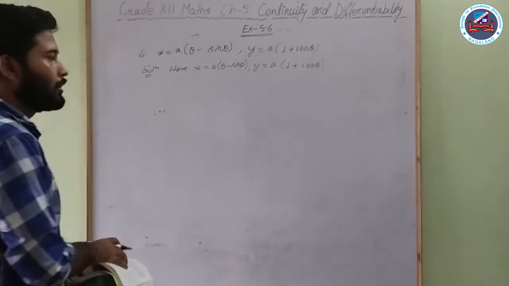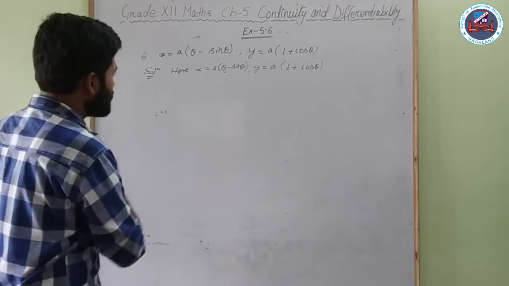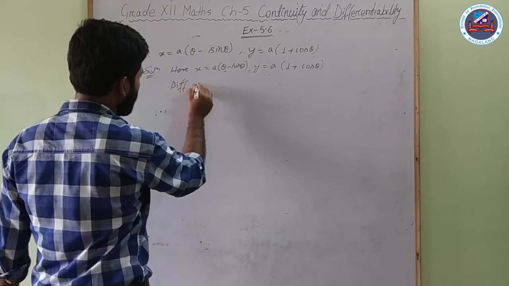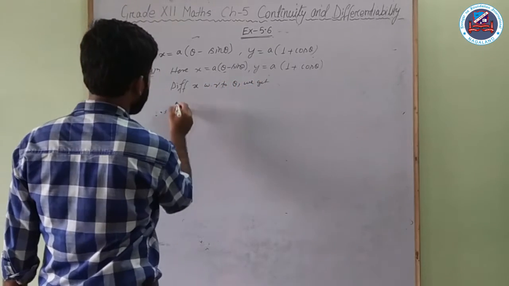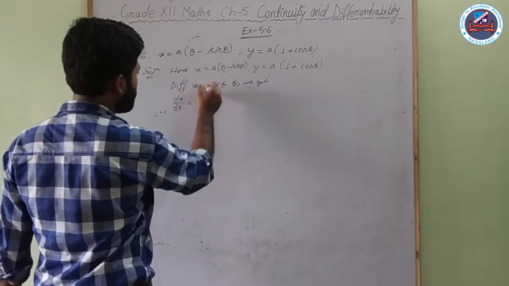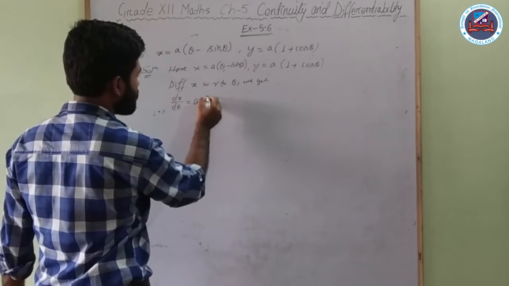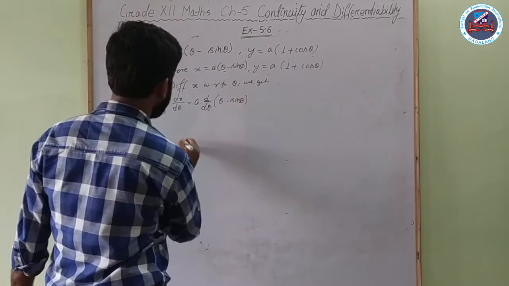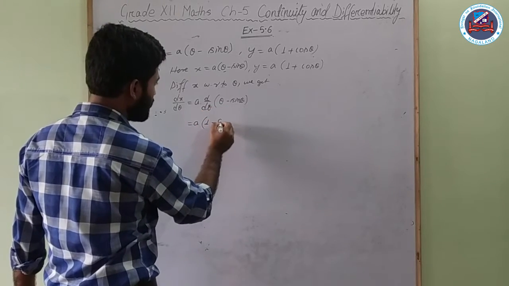Now see that here the parameter given is theta. So differentiating x with respect to theta, we get dx by d theta equal to a, since a is a constant, it will come out. Differentiate this part with respect to theta: d/d theta of (theta minus sine theta). This will give us a into, d/d theta of theta is 1 and d/d theta of sine theta is cos theta.